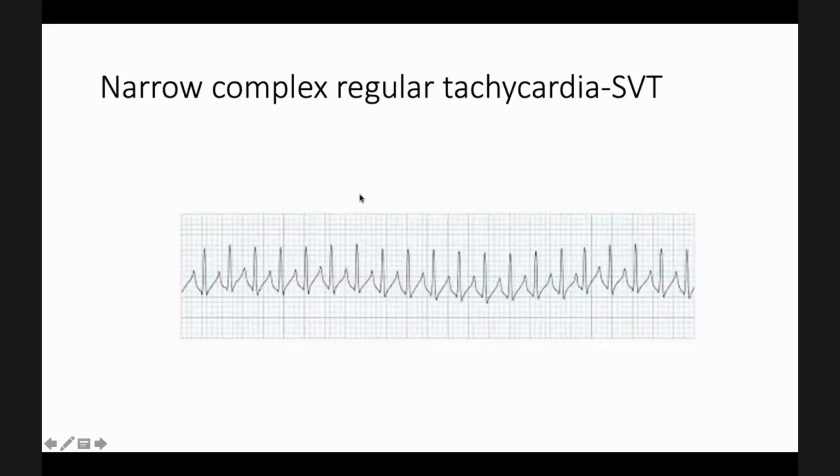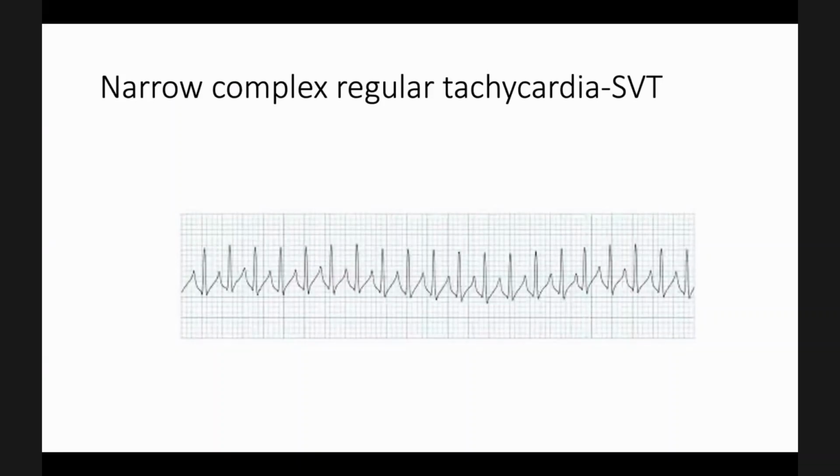In supraventricular tachycardia, you start with a low energy. Usually you can start with 50 joules. Then if the patient is not improving, you can go to 100. If it is not improving with that also, you can go to 200. Like that, you can gradually increase. If the patient is stable, what do you do?